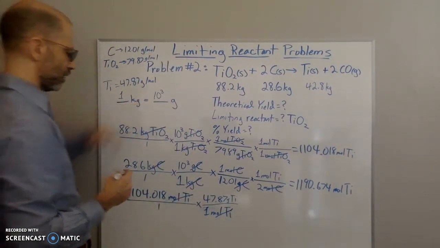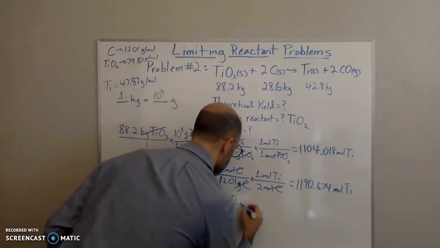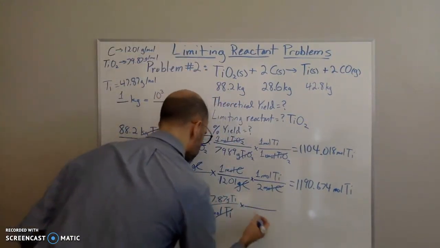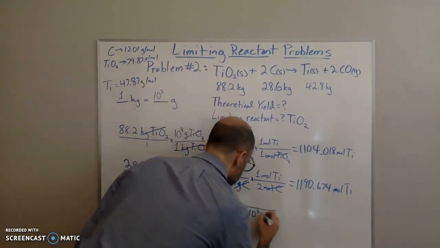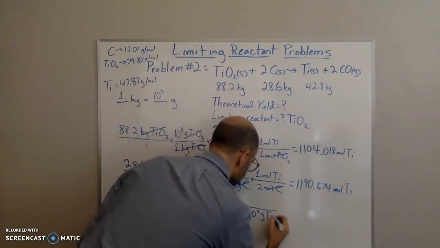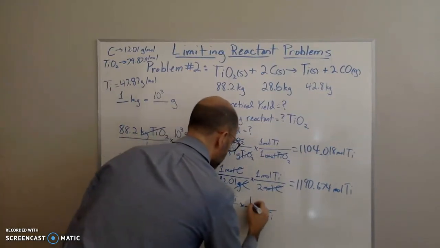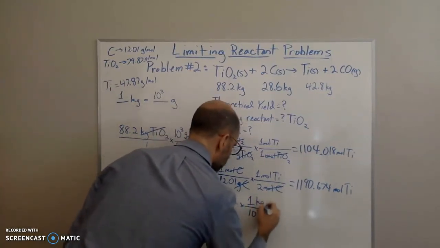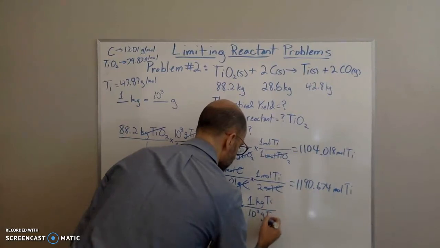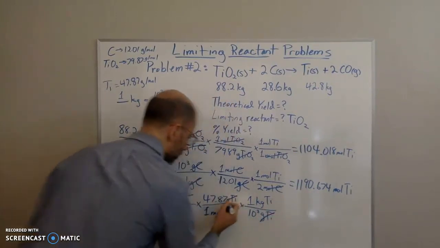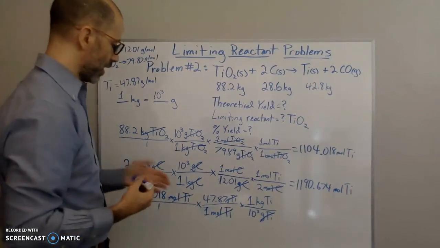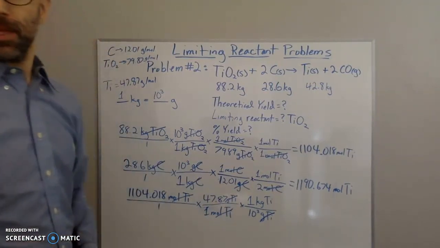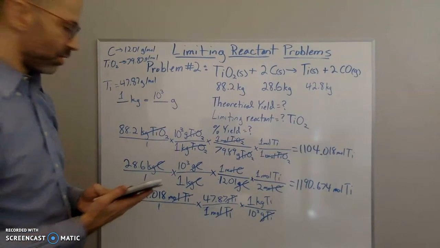Now I can use this relationship to convert to kilograms. So I'm going to put grams on the bottom. So now I have 10 to the 3rd grams of titanium on the bottom, and I have 1 kilogram of titanium on the top. So grams of titanium cancel out, and now I have kilograms. So now I can calculate the number of kilograms.